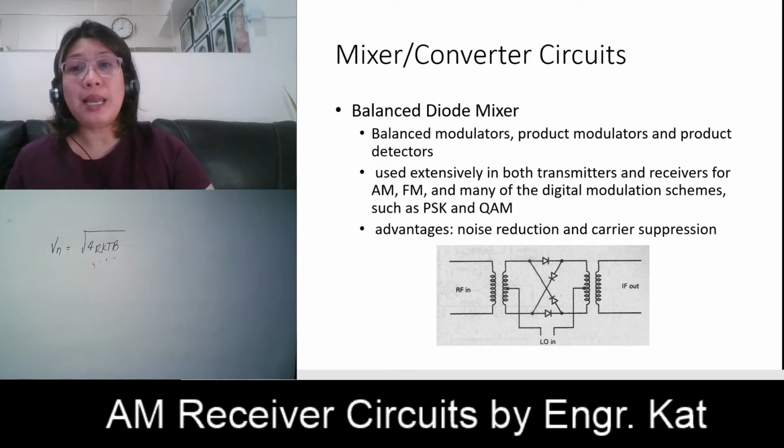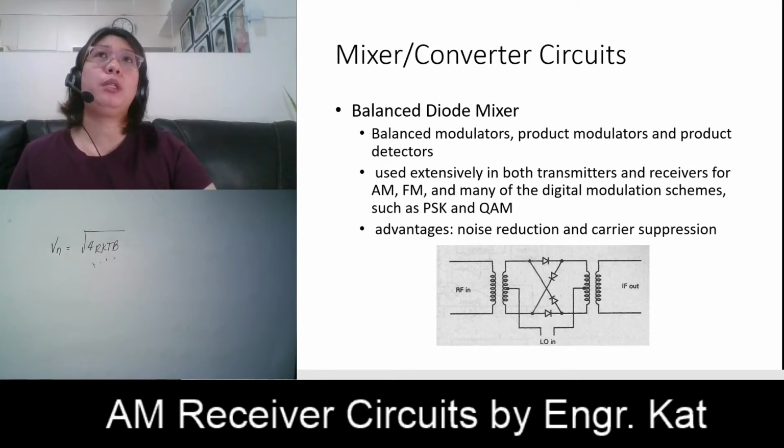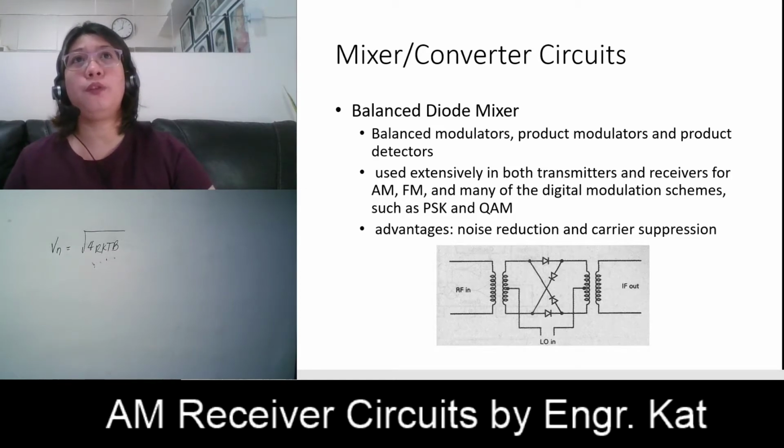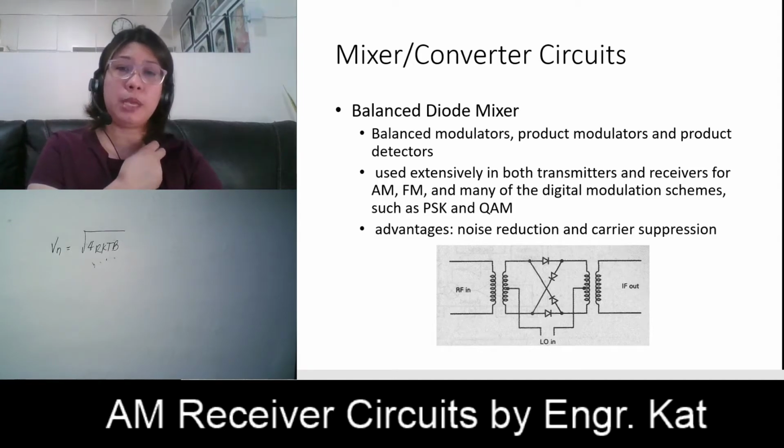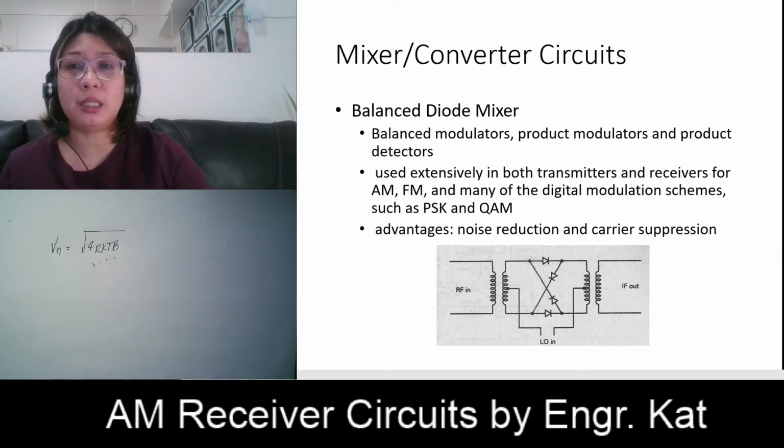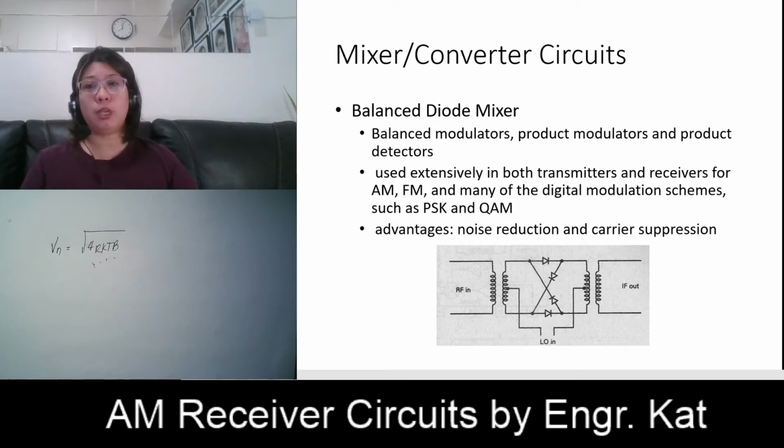Okay, so balanced diode mixer. So the previous one is using a single diode mixer. So this is one of the most important circuits that is being used in communication systems. Okay, so balanced diode mixer is also called balanced modulators, or product modulators and product detector.